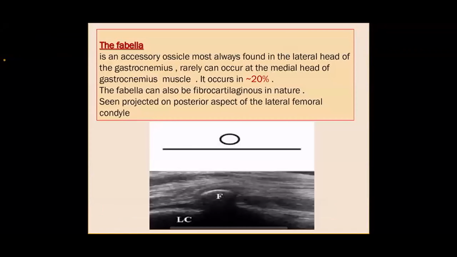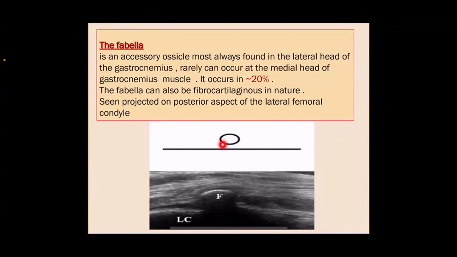The fabella is an accessory ossicle most always found in the lateral head of the gastrocnemius muscle. It rarely occurs in the medial head of the gastrocnemius muscle, and it is present in approximately 20%. The fabella is also fibrocartilaginous in nature, seen projected on the posterior aspect of the lateral femoral condyle.